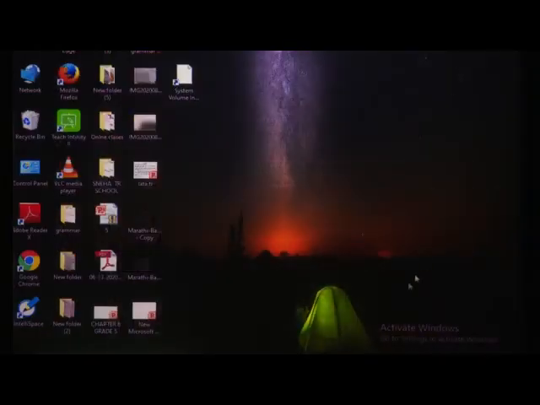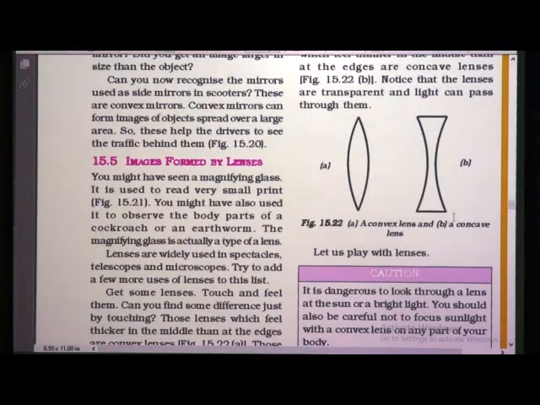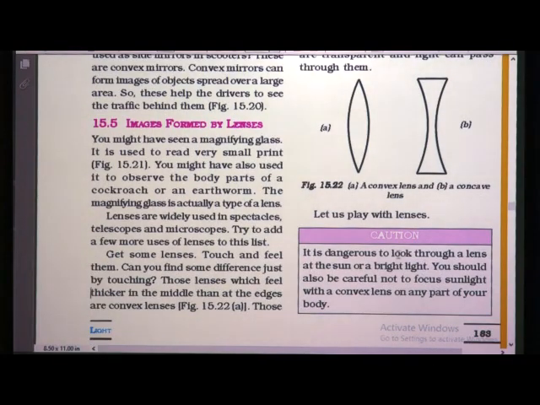Now we will see this question. It is dangerous to look through a lens at the sun or a bright light. You should also be careful not to focus sunlight with a convex lens on any part of your body.